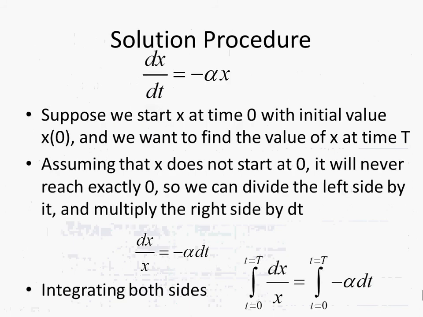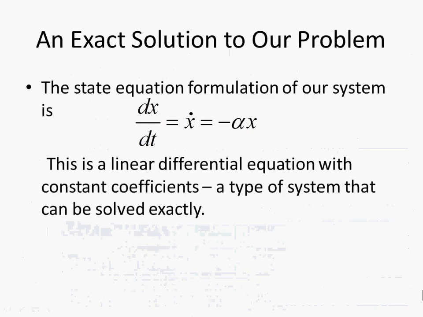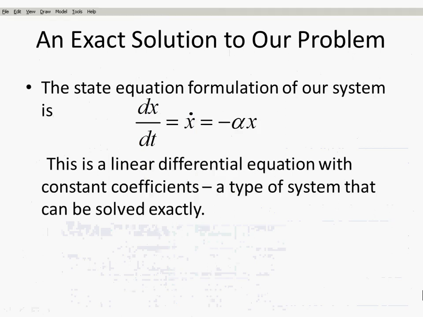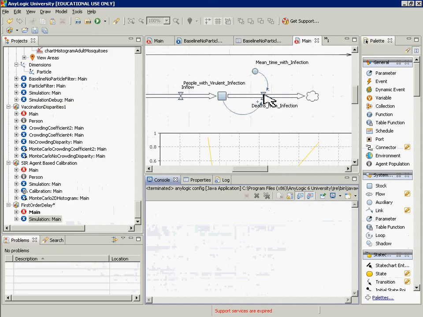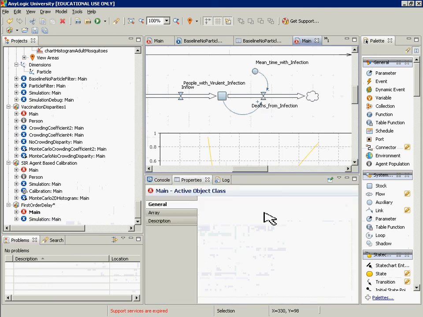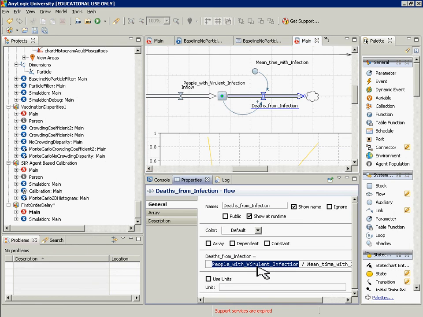We call it alpha. It's the chance per unit time they'll leave. And that alpha is just 1 over t. So that's why it's the same mathematically. We can express it as x times alpha, where alpha is 1 over mean time with infection, or as the value of the stock divided by the mean time with infection.